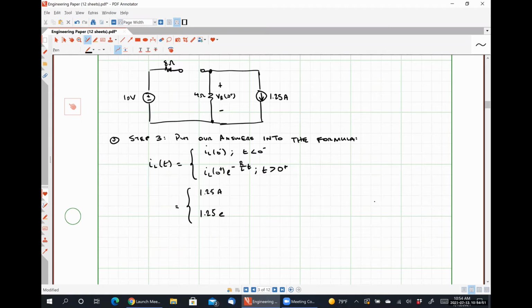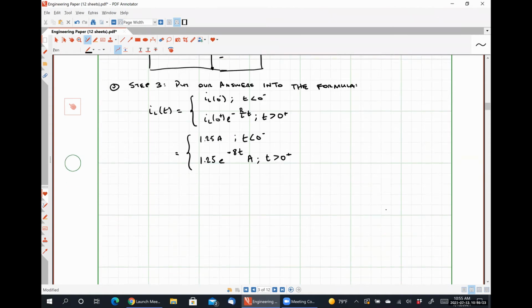That resistance, 4 ohms, over the inductance. Right, 4 over 0.5 would be 8. 4 divided by a half is 8. So this is what our inductor current will behave like. How can we use this to figure out how our resistor behaved?